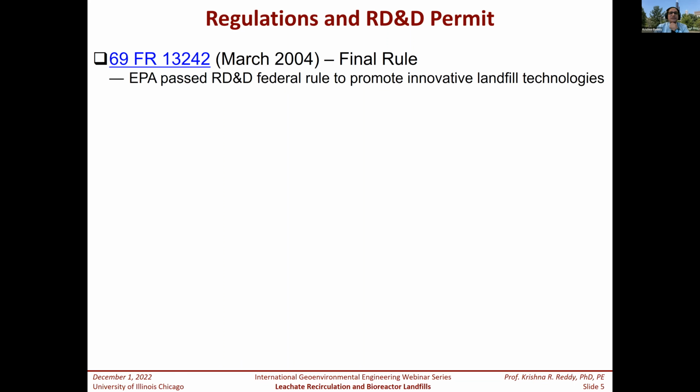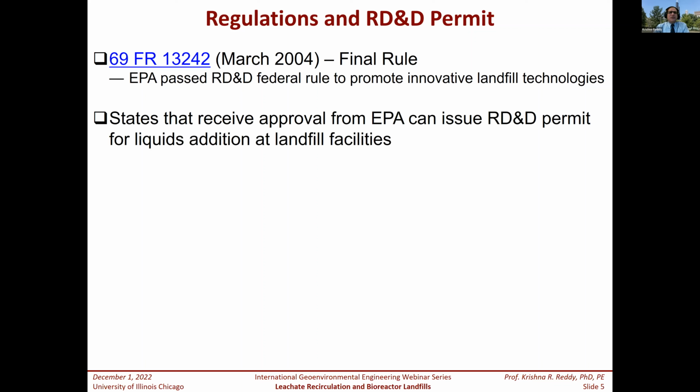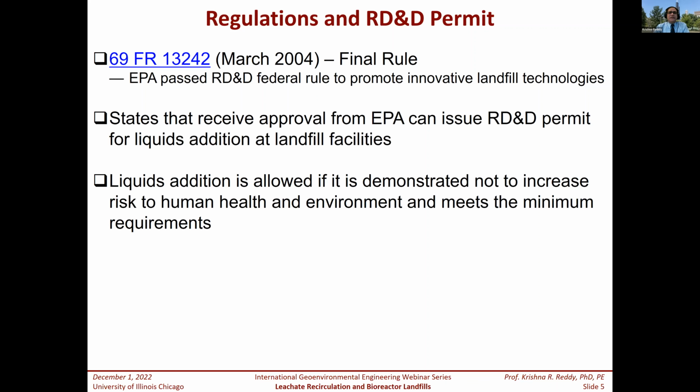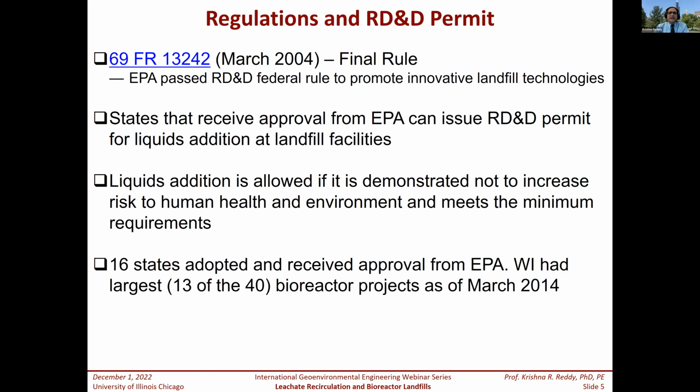So US EPA, which is the responsible agency in the US for environmental pollution control, has been working on this for a long period of time. They realize its importance, but there's not much information on how this can be operated and how things happen, so they wanted to start slow.